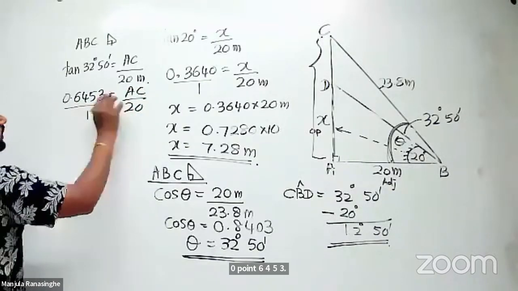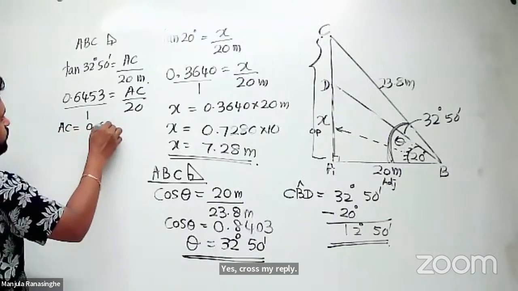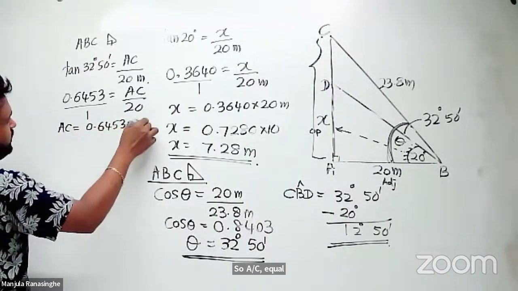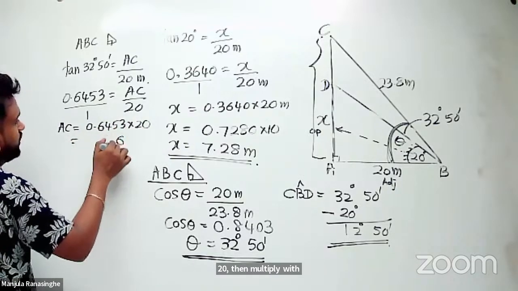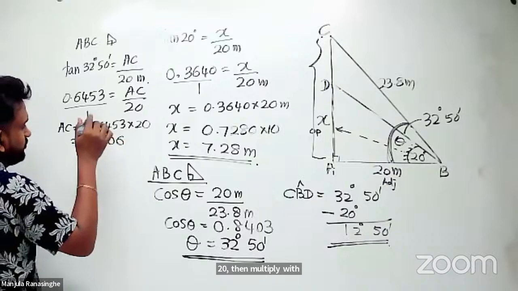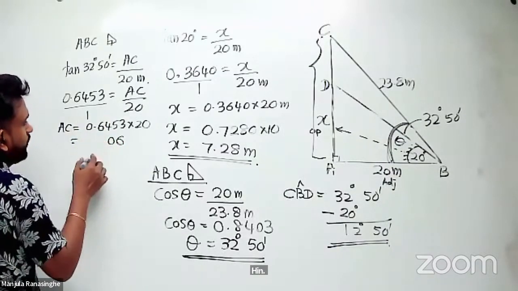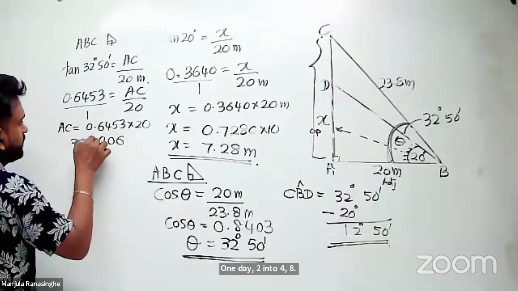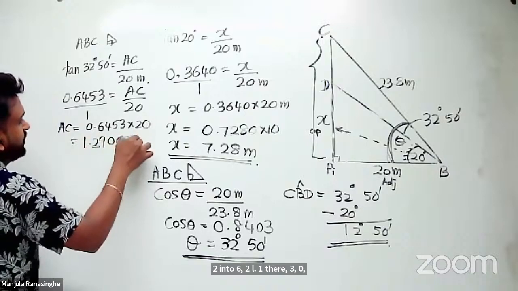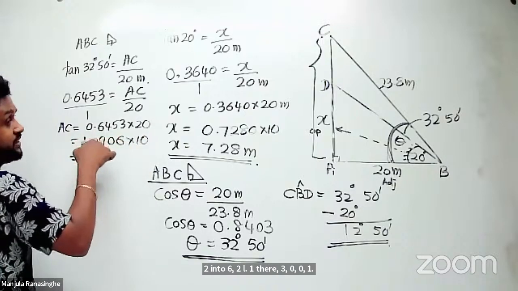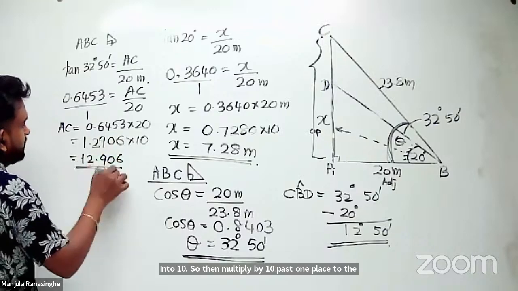Just cross multiply, so AC equals 0.6453 times 20. Multiply by 2, then multiply by 10, shifting one place to the right. So AC is 12.906 meters.